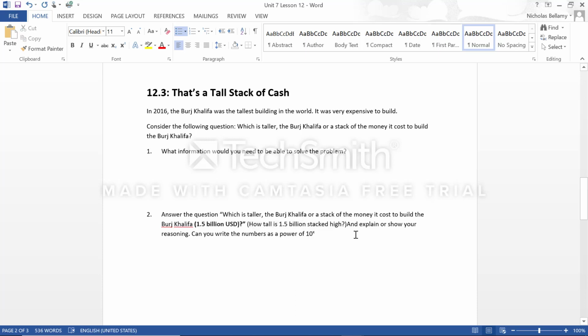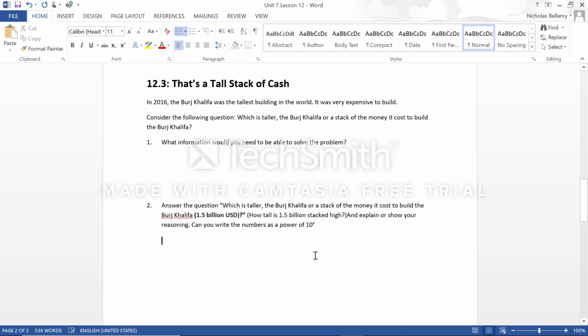We look at the numbers once we Google that, and then we compare the height in meters of the Burj Khalifa and the height of $1.5 billion stacked. Personally, I would think that the Burj Khalifa would be taller. But who knows? We will never know until we actually solve it. Okay? So that's very simple for those two.